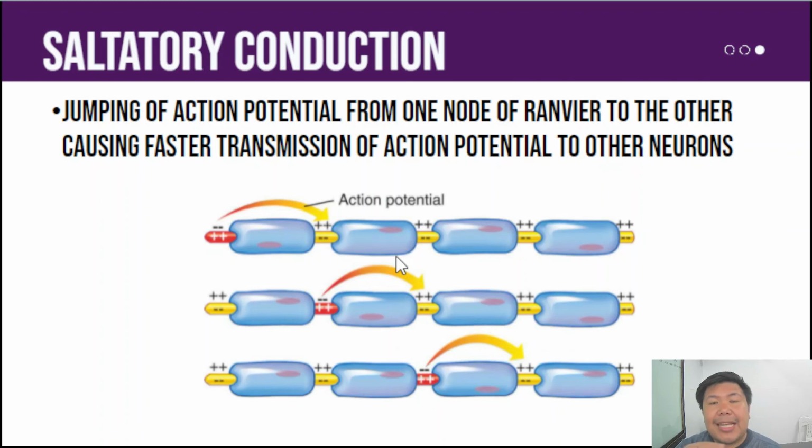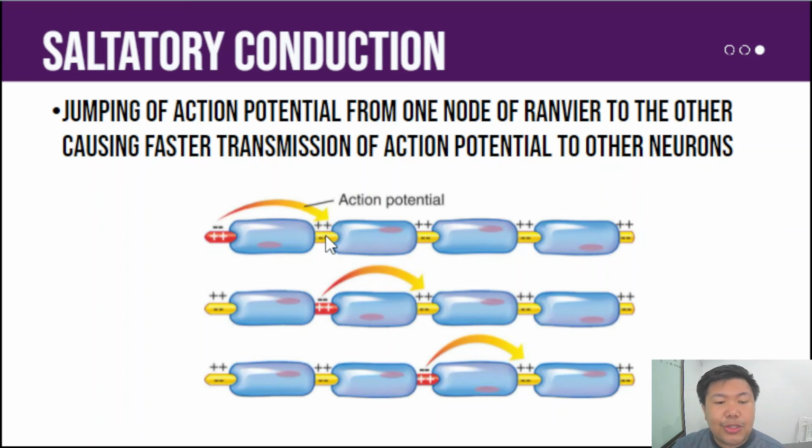Okay? In an unmyelinated fiber, the entire length of the axon needs to be depolarized. But because of the myelin, you no longer need to depolarize all of that. The ions and substances just flow through the fluid part of your myelin, and then what you need to depolarize is the next unmyelinated part or the node of Ranvier.